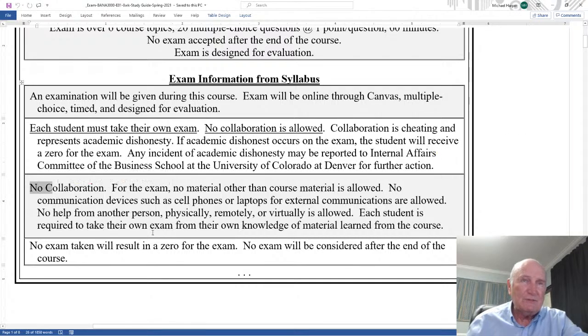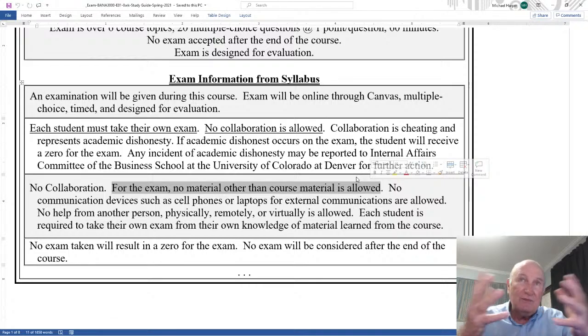Again, no collaboration. For the exam, no material other than the course material is allowed. And the course material is the homework and the notes and the lectures and the textbook and this study guide and all the information you use to learn. But nothing outside of the course, like online.